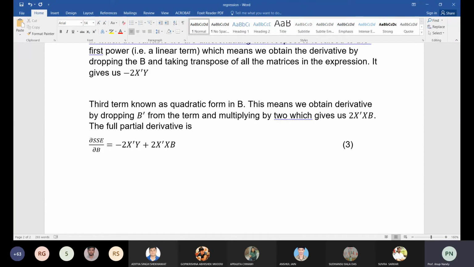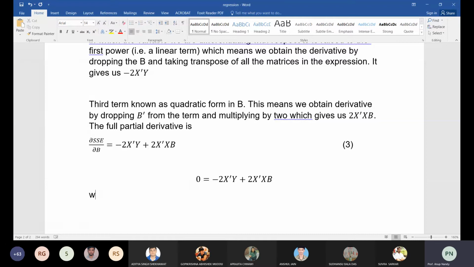So now you need to do this partial differentiation with respect to B. Then what you are going to get? 0 plus 2 x transpose xb, because you need to estimate the expression for the matrix of estimates which minimizes the sum of squared errors of prediction.